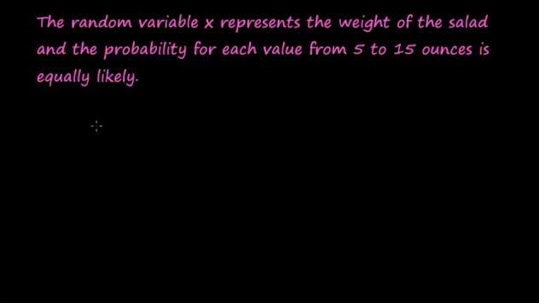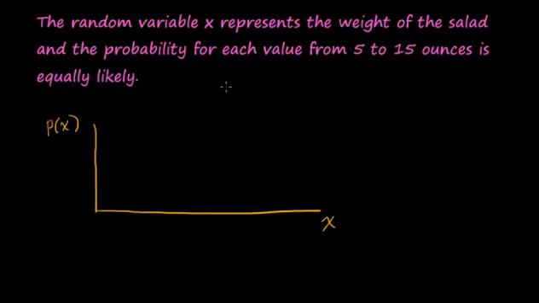As we said for these probability distributions, our vertical axis is probability and our horizontal axis is our random variable x. So this is the probability of the random variable x. We're told that the values range from 5 to 15.